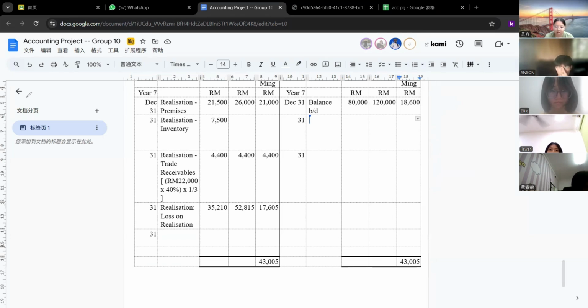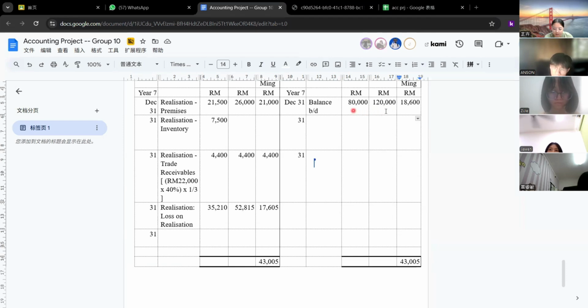So, I'm going to explain here, Zixi and Xingjie's balances added together will get 200,000. So Zixi will get 8 of 20 and Xingjie will get 12 of 20, which is their ratio of the capital account.